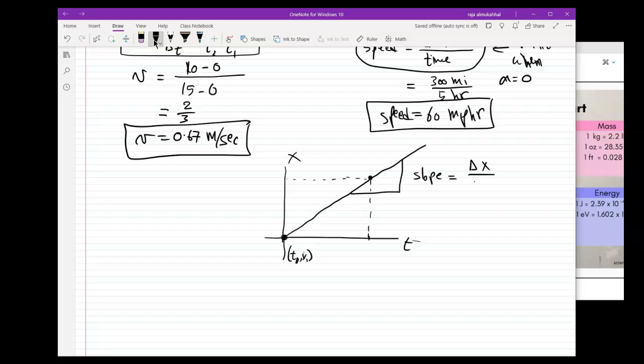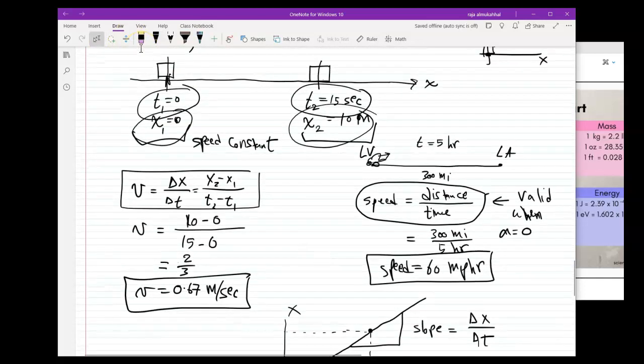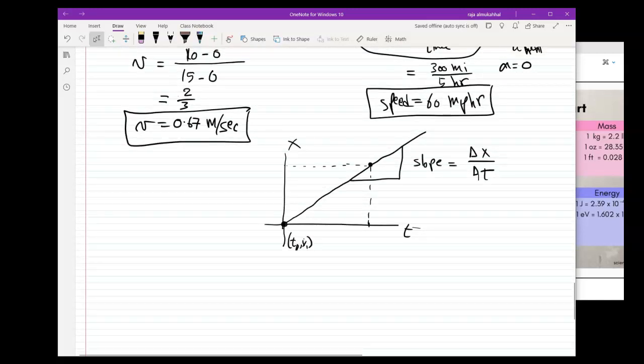It's delta x over delta t. And guess what? What is delta x over delta t? It's basically the velocity. See that? So the slope of the line, the one that you've learned in algebra, is nothing but the velocity. All right? So this is how you calculate the velocity. Basically, you get the slope of the line.